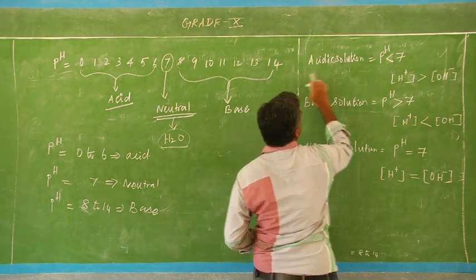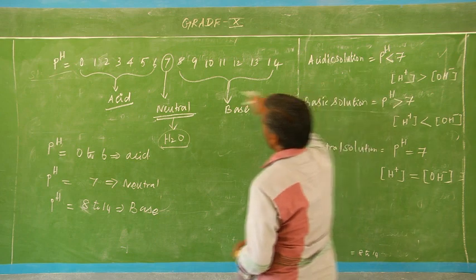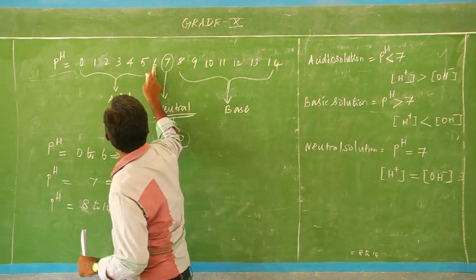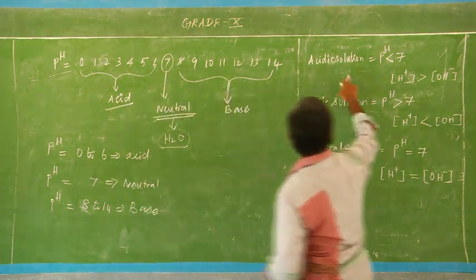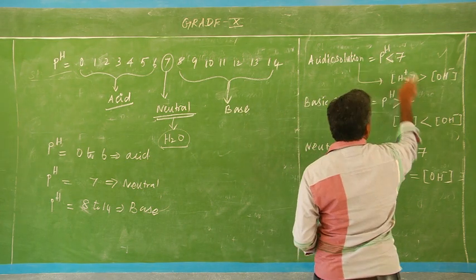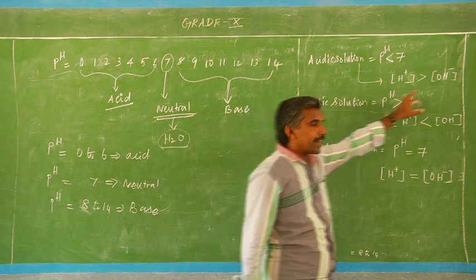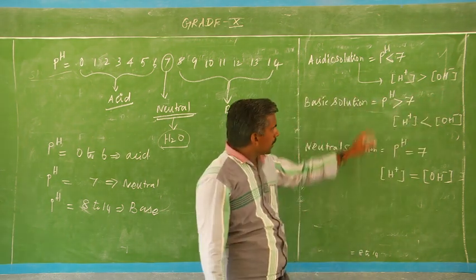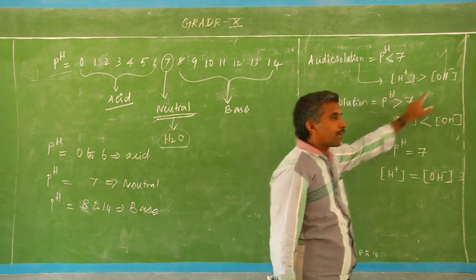For acidic solution, pH value is less than 7, that is 1 to 6, and the concentration of H plus ion is greater than OH minus ion.